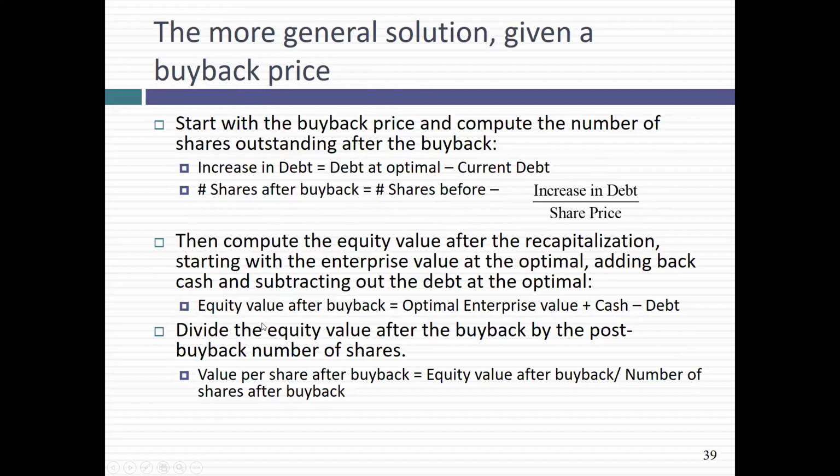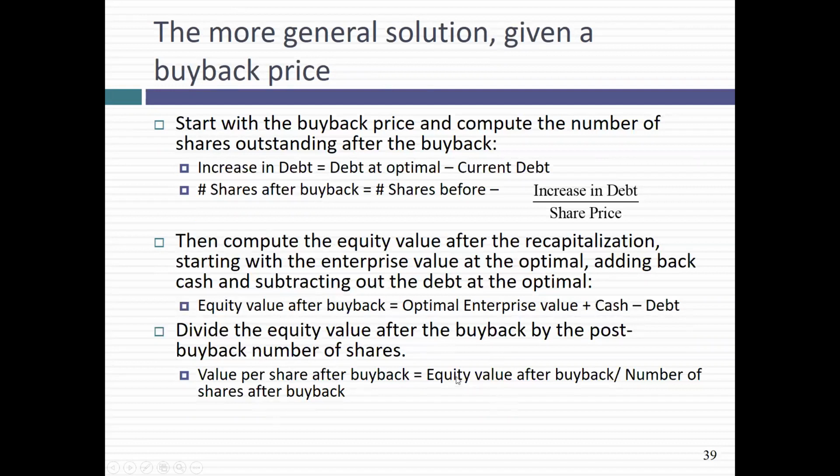We're then going to estimate the equity value after the buyback. We've already argued that the enterprise value is debt plus equity minus cash. If we rearrange that, we can estimate equity: equity is the optimal enterprise value plus cash minus debt. That gives us the equity value after the buyback. The third step is to divide the equity value after the buyback by the post-buyback number of shares.